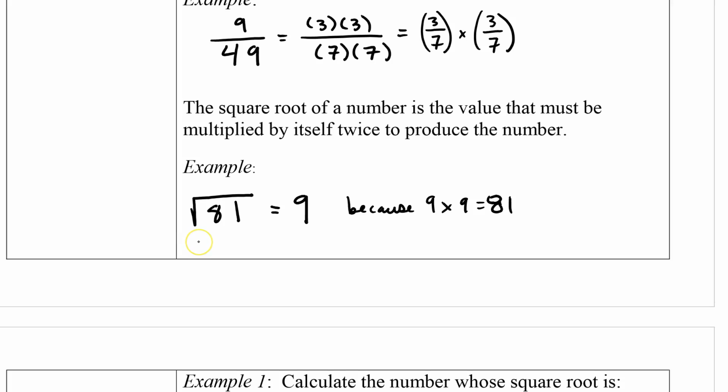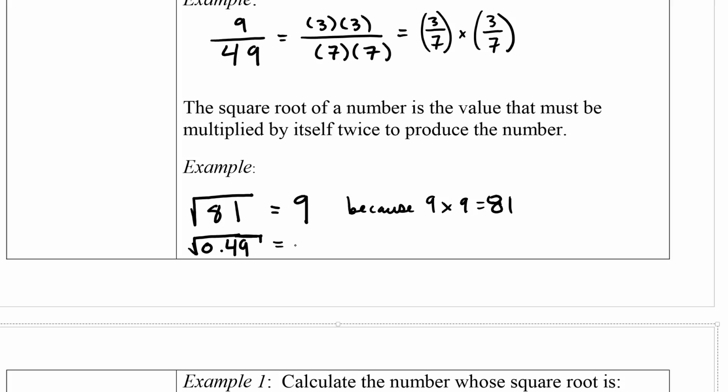Another thing that we can do is take a square root of a decimal. So I can say the square root of 0.49. Let's estimate first. The square root of 0.49. Some people are going to say it's 0.07.